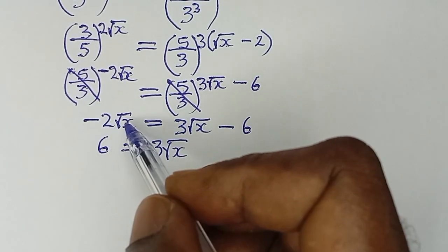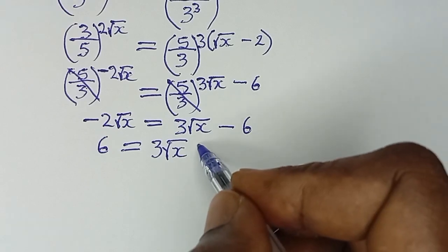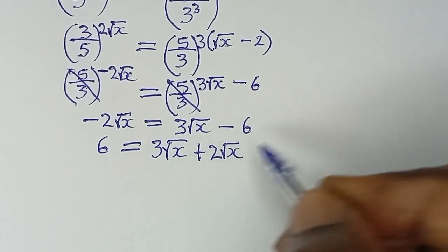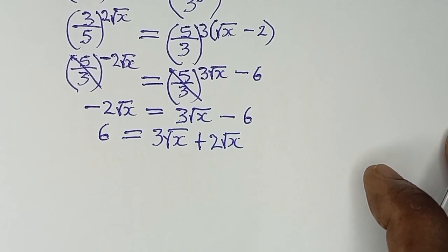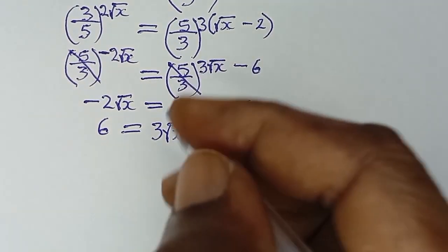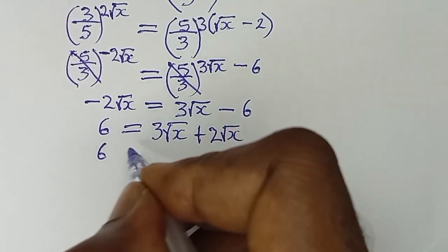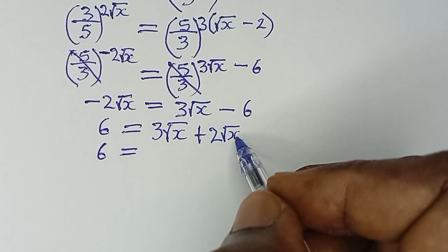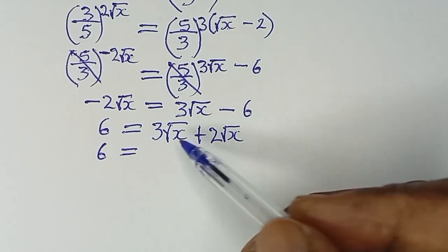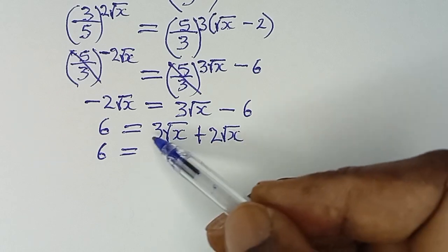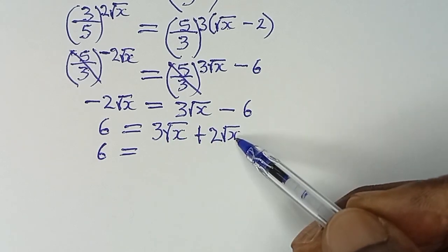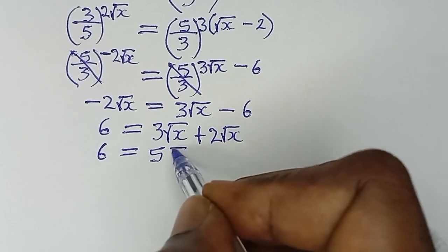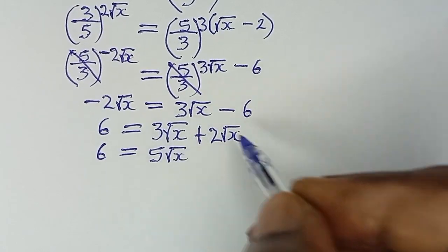When this −2√x comes to this side, it becomes positive 2√x. So with that now, I have 6 is equal to 3√x plus 2√x, which is 5√x, because they are like terms. So 3 of √x added to 2 of √x gives us 5 of √x.